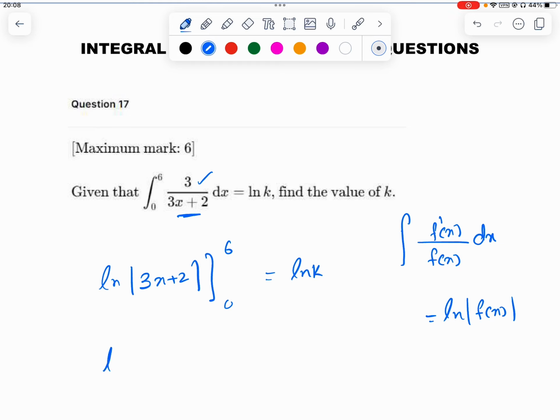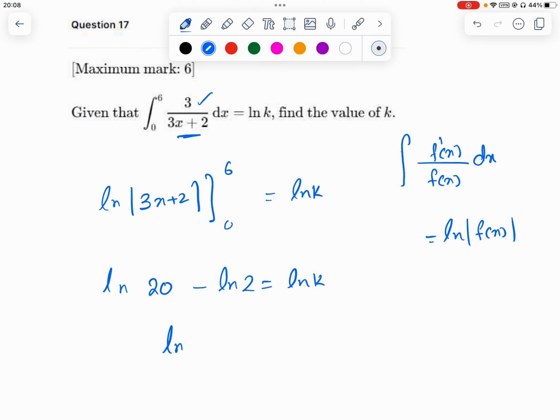So plug in 6 over here. ln of 3 times 6 is 18, 18 plus 2 is 20, minus ln 2 equals ln k. So ln 20 upon 2 equals ln k. So ln 10 equals ln k. So k equals how much? 10. That's going to be the answer for question number 17.